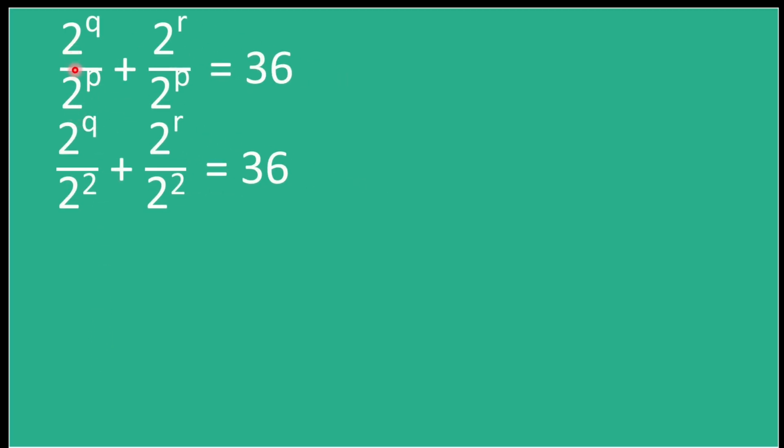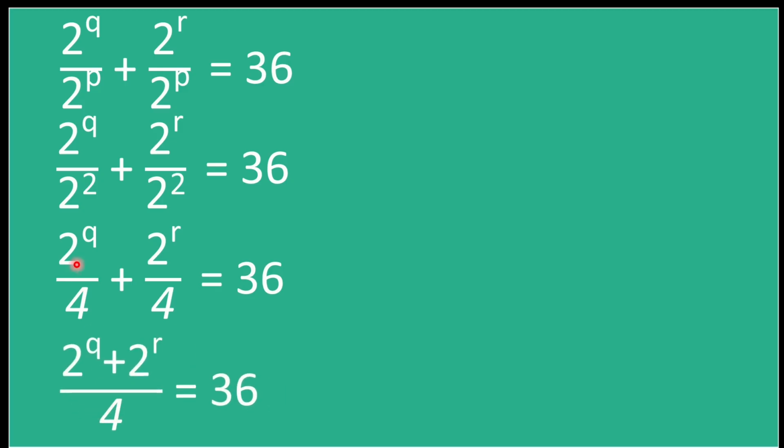We will put p = 2 in this equation, and then this equation will become 2 squared and 2 squared, which is equal to 36. So the whole equation will become 2^q/4 + 2^r/4 = 36. Now we will take the LCM.